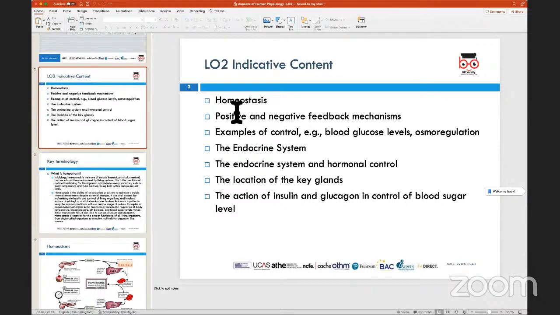And then the idea would be to study some of the key glands which produce these hormones and secretions, which allow our body to remain normal even when the external conditions are different.